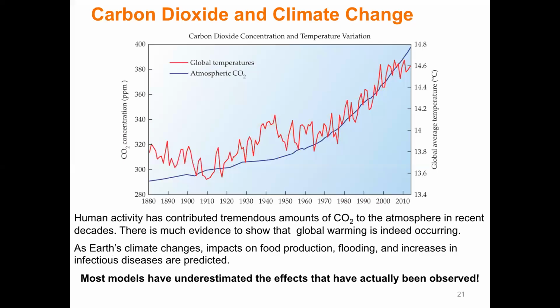So what is going to be a problem? Well, you know this, right? Impacts on food production, flooding, infectious disease with all kinds of strange differences in the climate. Extinctions are happening because the animals can't adapt quickly enough. And extreme weather, I haven't even listed that here, but that's another one. And in general, the models have actually underestimated the effect that is taking place here.